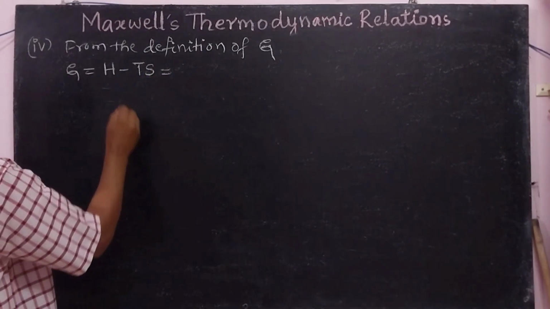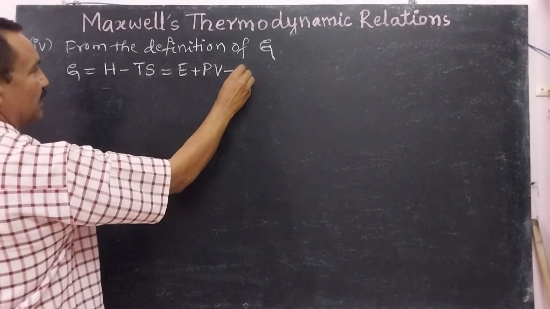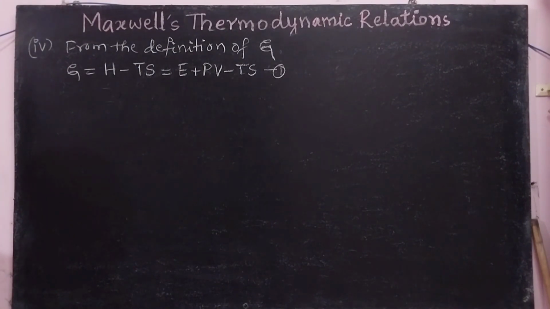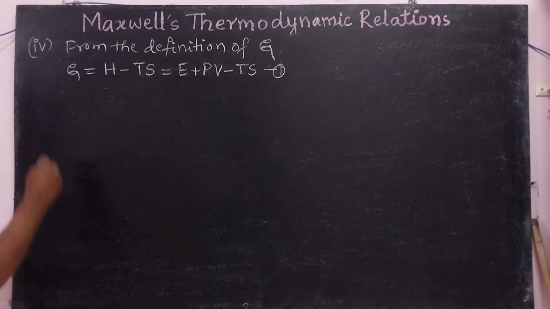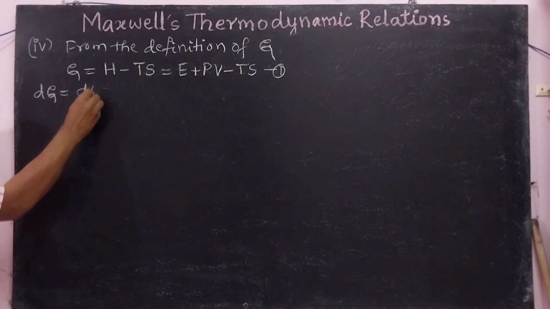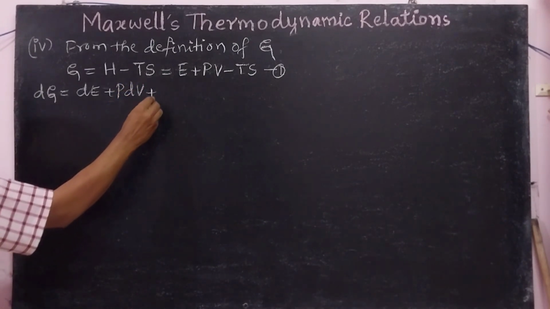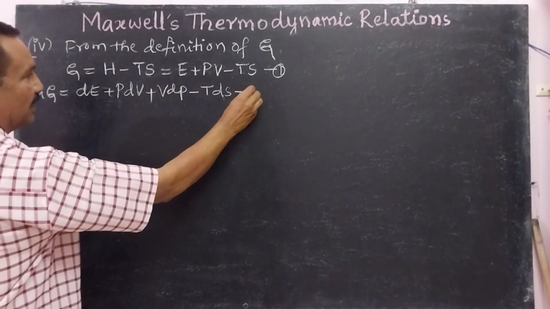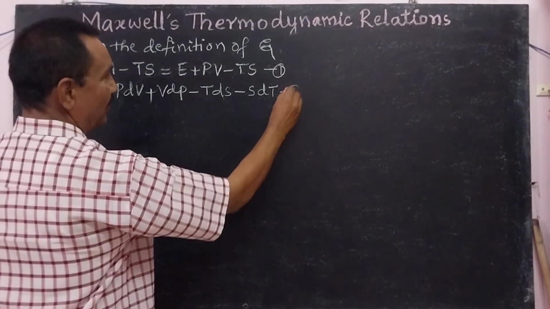This can also be written as H is E plus PV, minus T into S. Suppose this is equation 1. Equation 1 means H is substituted by E plus PV. On differentiation, we get dG equal to dE plus PdV plus VdP minus TdS minus SdT. Suppose this is equation 2.